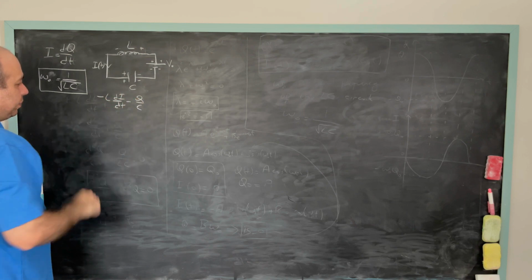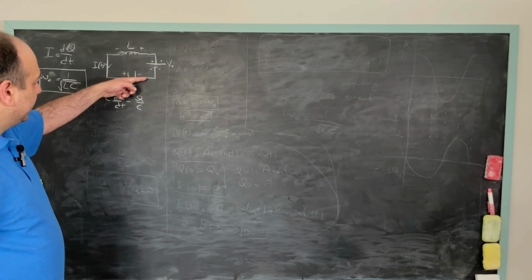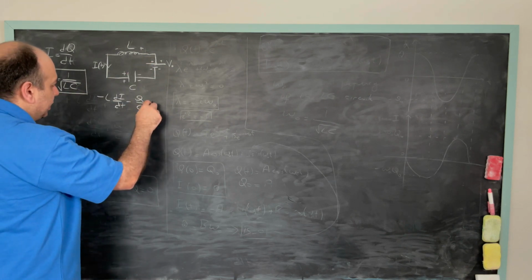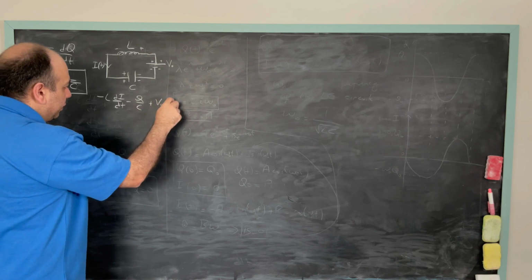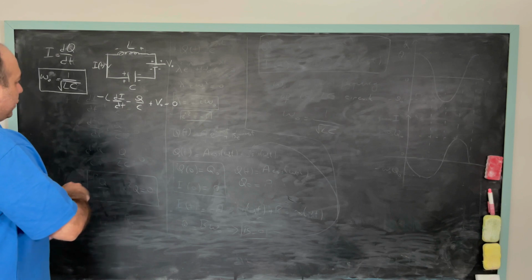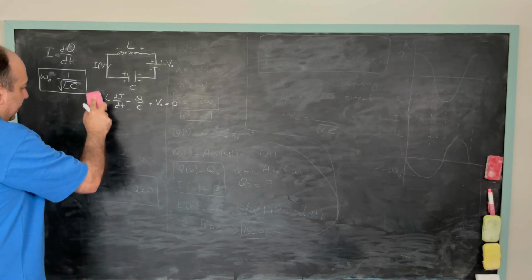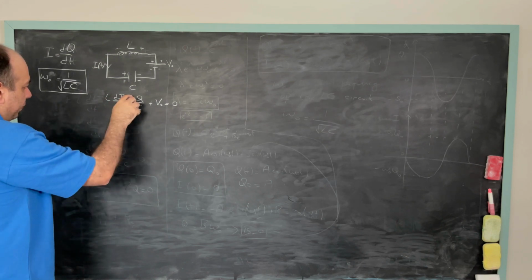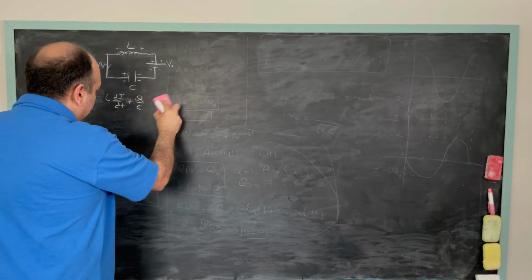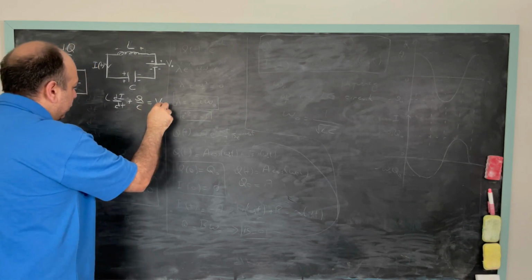Minus Q over C, as usual, the potential drop across the capacitor, and then we will have a potential increase here, V naught. V naught is a constant since it's a DC source, right? So if I multiply everything with a minus sign, this becomes plus, this becomes minus, but I can put V naught on the other side. So in the end, I'll have equal to V naught.